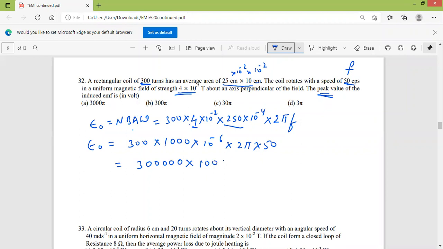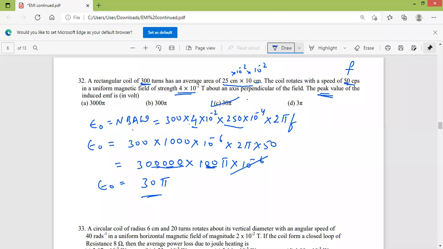We can take 4 plus 2, 6 zeros, and that 6 zeros and 10 power minus 6 cancel. Remaining is 30 pi. The peak value of the induced EMF is 30 pi volt. Option C is the correct answer.